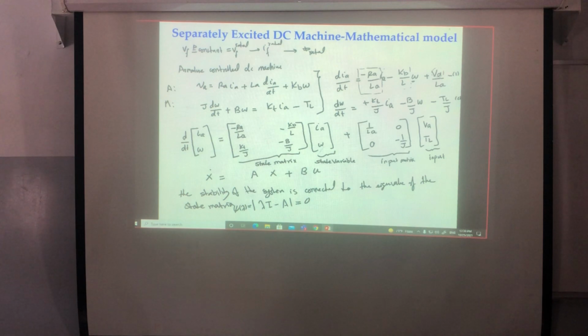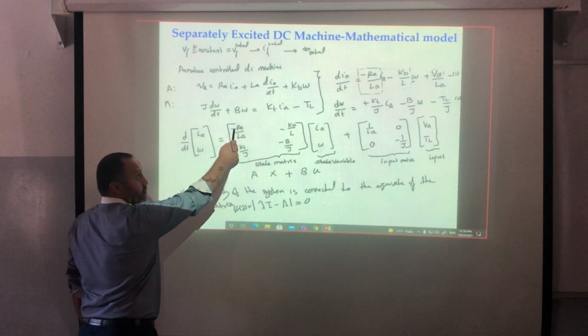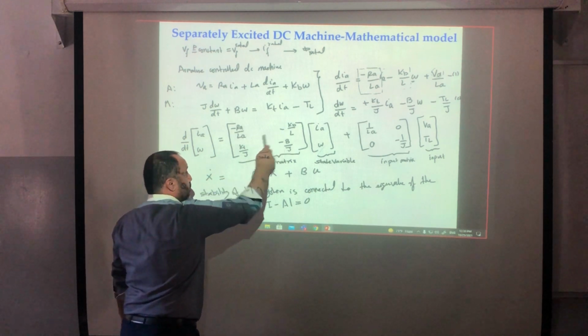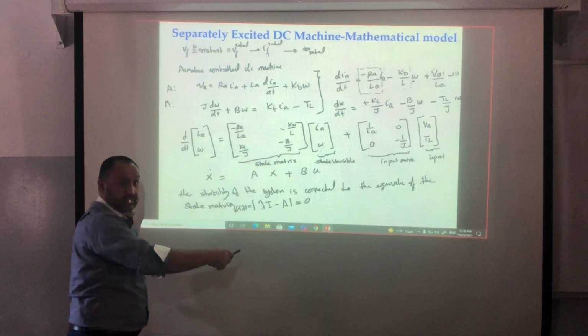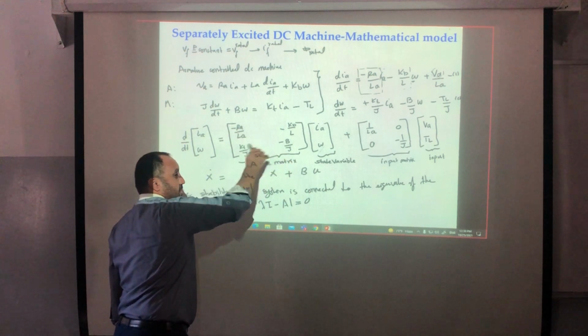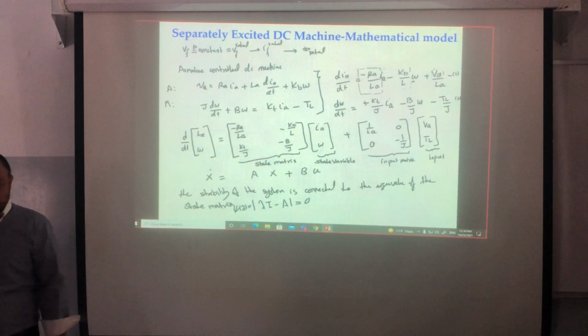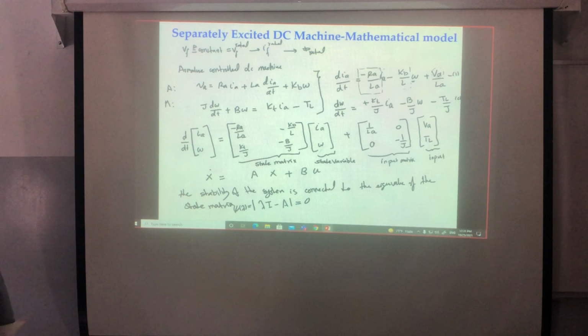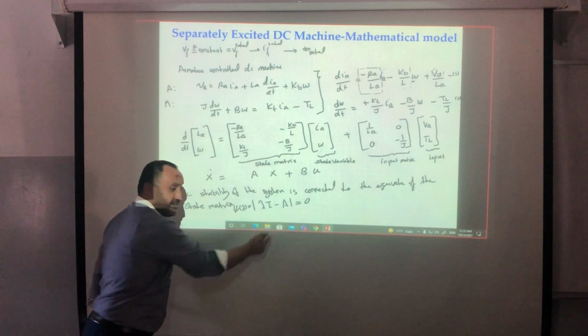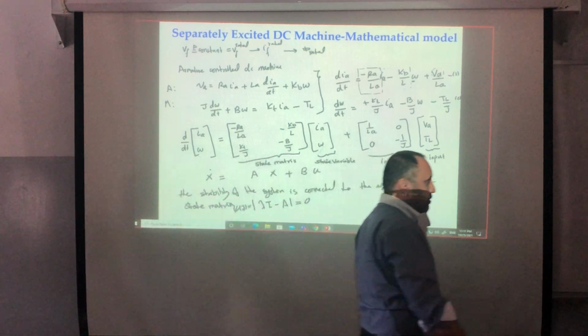Can you calculate the characteristic equation here? The first thing I will do is lambda I minus A. So here will be lambda plus this one, lambda plus this one. I will toggle the sign because I'm having minus. Then I will multiply the diagonal and subtract the multiplication of the off-diagonal. It's actually the determinant.